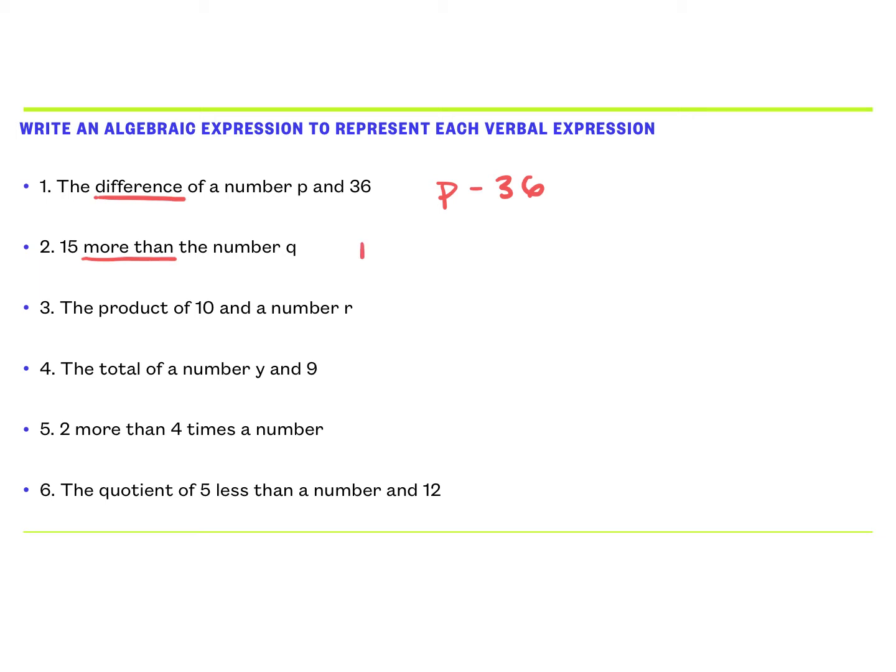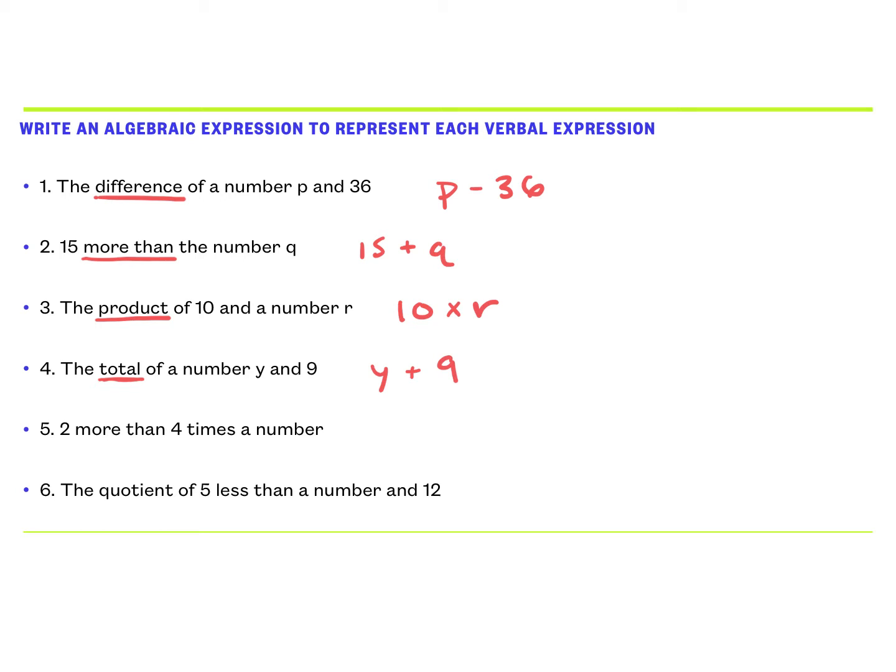So we would say 15 plus q. 3, the product of 10 and a number r. What does product mean? Multiply. So 10 times r. 4, the total of a number y and 9. What does total mean? Addition. So y plus 9.